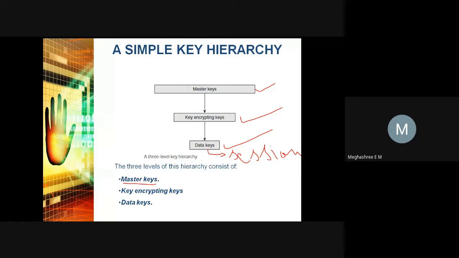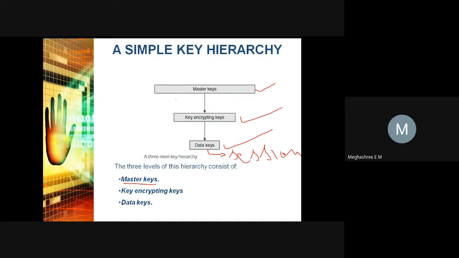So if this master key gets compromised, the other level keys will also get compromised, right? Then there is no point in using such a key hierarchy method. So it is very important to have a secure mechanism to store this master key in a proper storage place where proper security is provided.